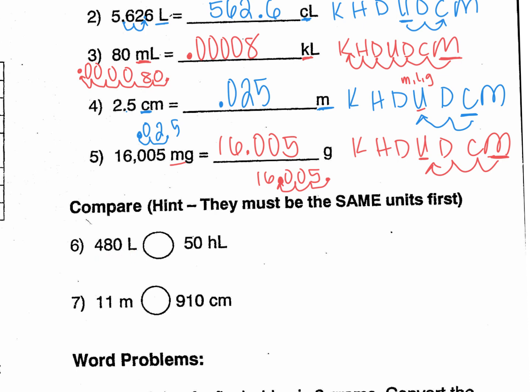Either way, I still want to use my mnemonic device. King Henry doesn't usually drink chocolate milk. So I am going to change it into hectoliters. I'm going to take 480 and move it into hectoliters.